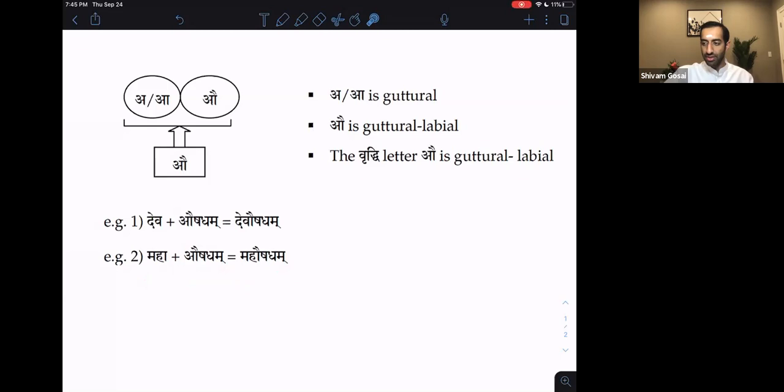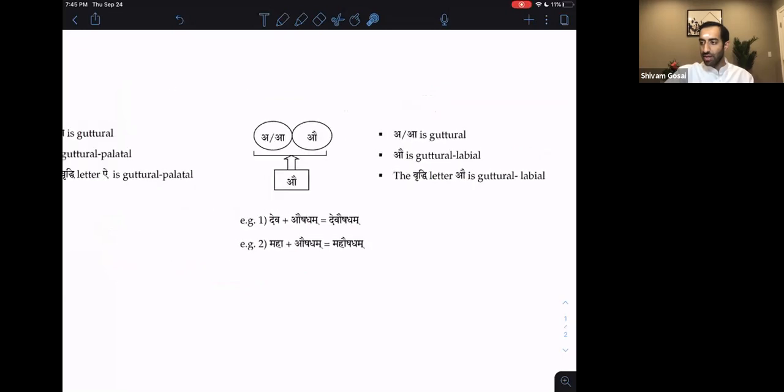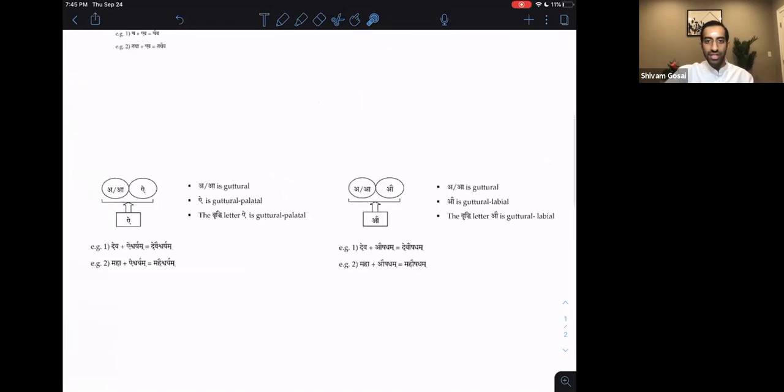Oshadam means medicine. Any questions so far with these? We saw that last time. We don't have any examples where we get a in these. A is also one of the vriddhi letters, and we see it in different contexts, but here we don't really use a as a replacement of any of these.